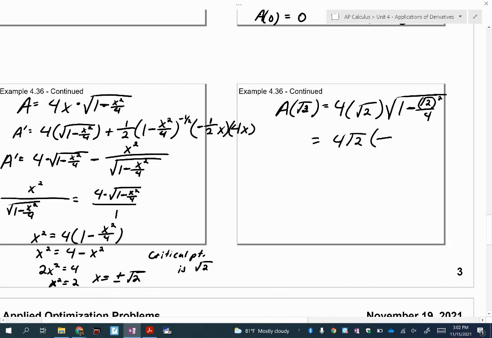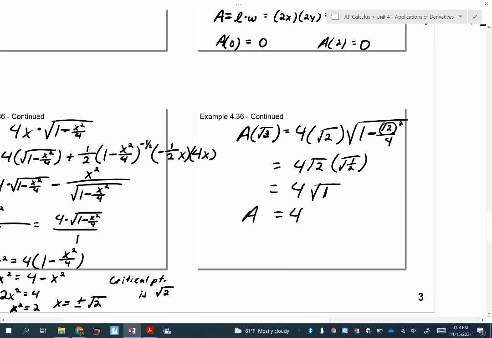That's the square root of 1/2. Okay, you can put those together. So that's the square root of 2 times 1/2. Half of 2 is 1. The square root of 1 is 1. So that gives us an area of 4, which when I compare that to areas of 0, I know that maximizes my area. So the value for x we should use is the square root of 2.